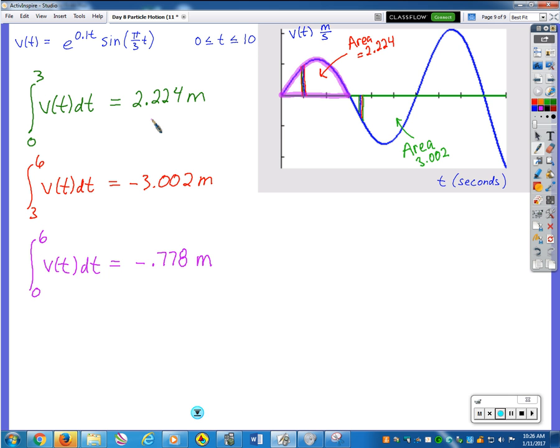Then from 3 to 6, we looked at the graph of velocity and said, hey look, velocity is always negative. The particle now goes from where it is at time 3 that way, 3 meters. The net result is it's about that much to the left of where it was when it began.